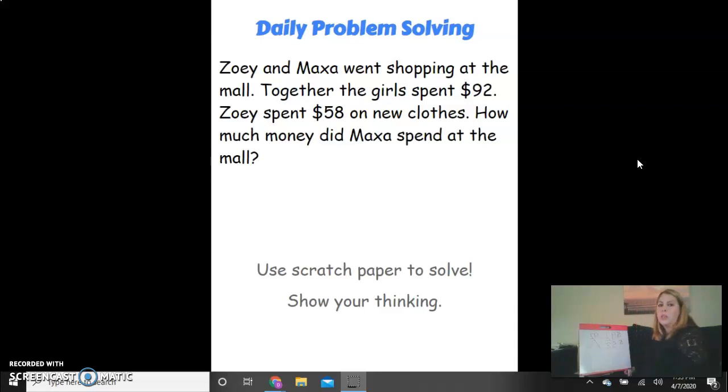And we know that Zoe spent $58. Putting my symbols in. So now, in this part of the Math Mountain, I need to figure out how much did Maxa spend. So I know that I can take 92 minus 58 to solve the problem.